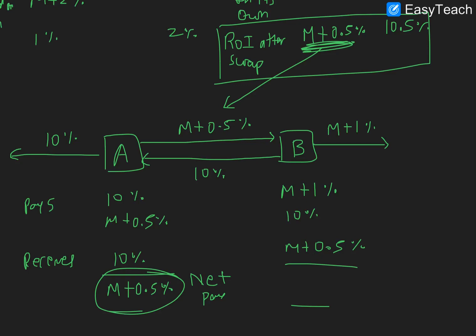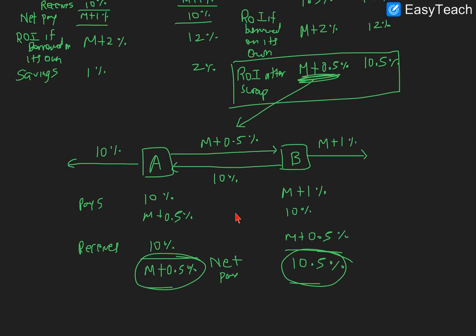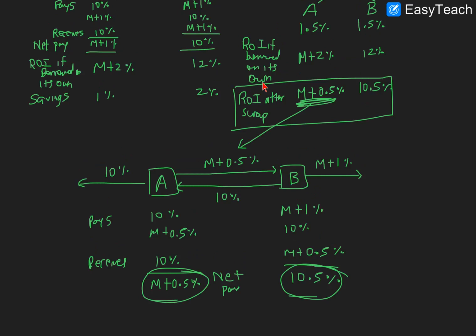So if you take a net effect of it, that will work out to be 10.5%, and in this way it's just an equitable distribution of the benefit, because as we have seen, if A borrows on its own, then the cost will be MIBOR plus 2%, whereas over here the cost to A is MIBOR plus 0.5%, so A is having a benefit of 1.5%, whereas in case of B, if B would have borrowed, it would have costed 12%, but right now it costs 10.5%, so there's a benefit of 1.5% for B even.